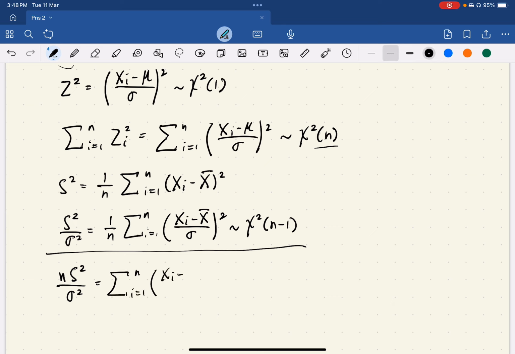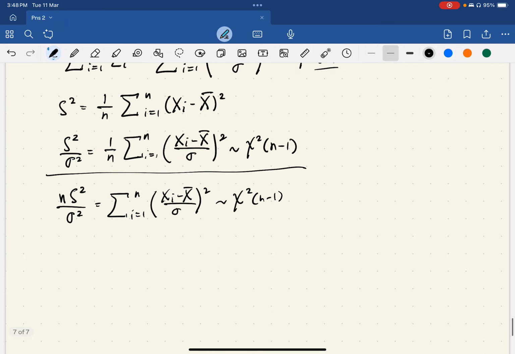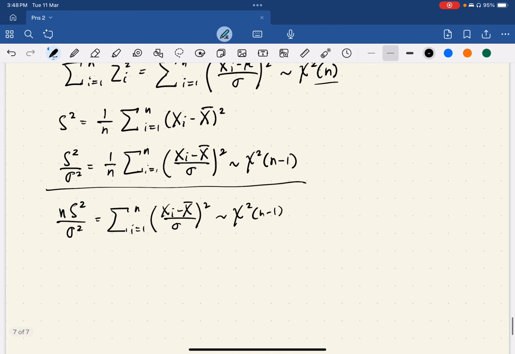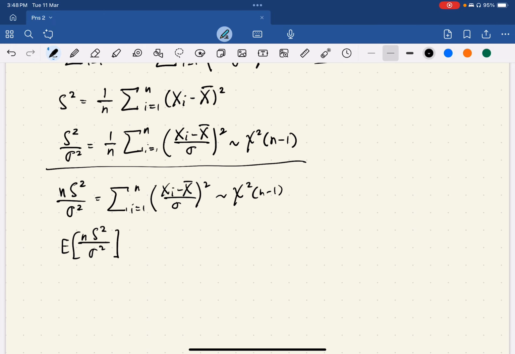And this is chi-square distributed too, right? So this is chi-square distributed. So if you try to find the expectation of n S squared over sigma squared, you take the expectation of both sides.